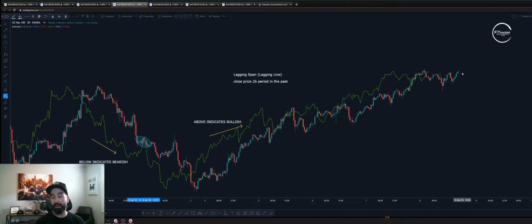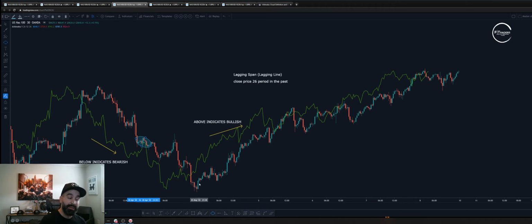We don't see it here. But what this tells me is that when we closed over here, reminder, below indicates bearish. This lagging span was still trading below its price action. So this tells me, although we've had a nice move up over here, we still have a bearish bias and the price should return back into a downtrend.